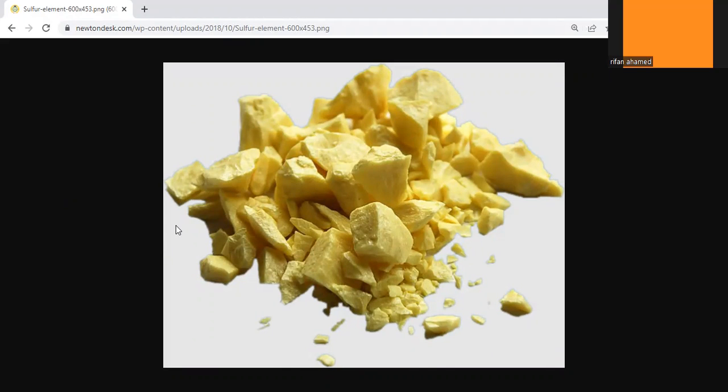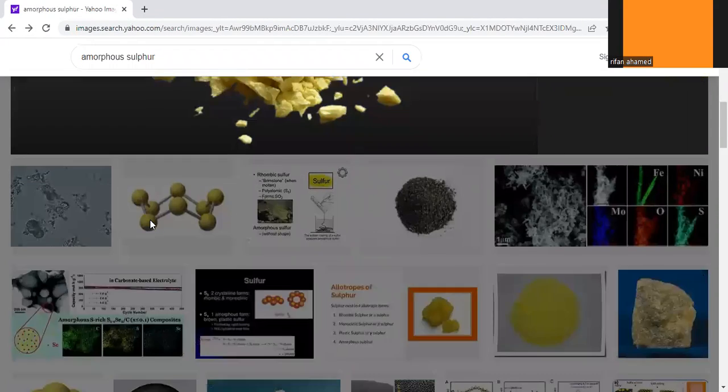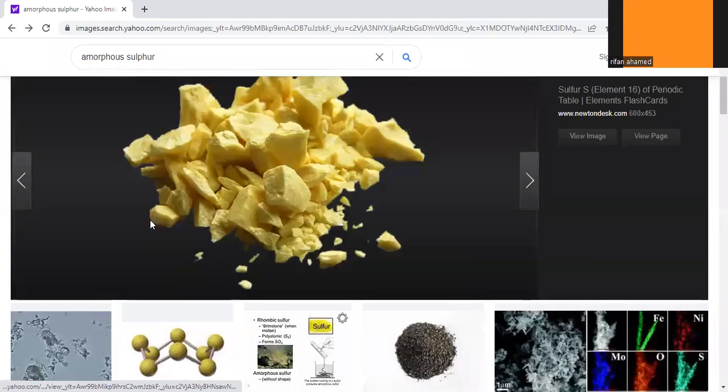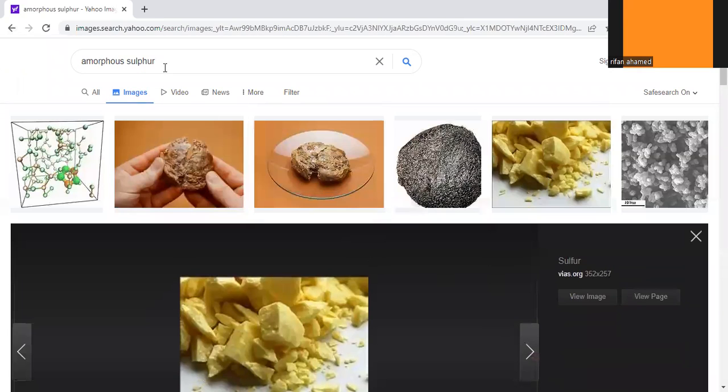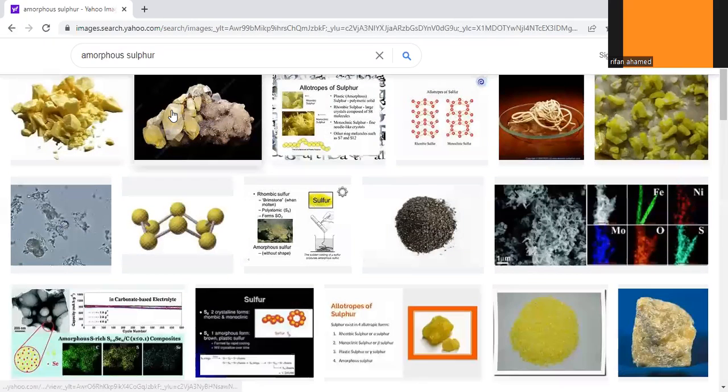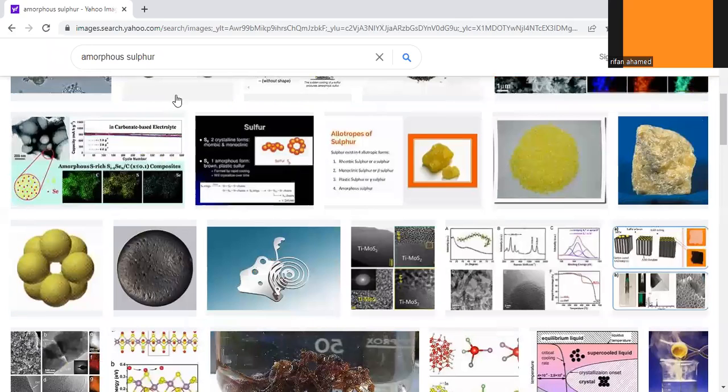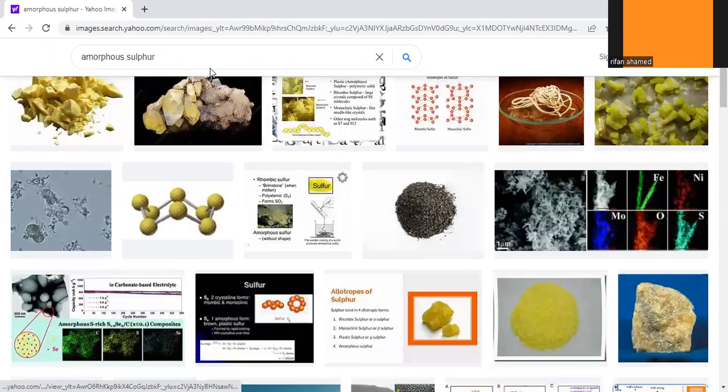But yellow color, right? That kind of sulphur. If you go to a school laboratory, you will see more amorphous sulphur. Seeing crystalline sulphur has a very low chance.